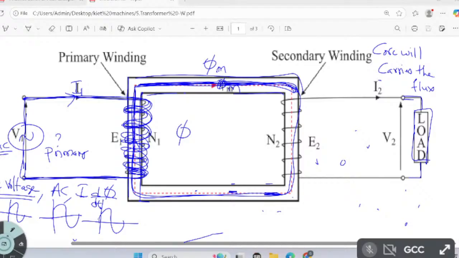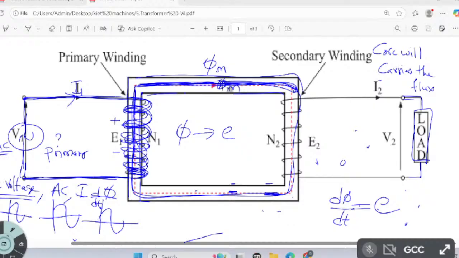Because a flux is established in the core, it is capable of establishing an EMF. A primary induced EMF, that is E1, will be set up in this winding. Whenever d phi by dt is available, it is capable of establishing an EMF, that is E.